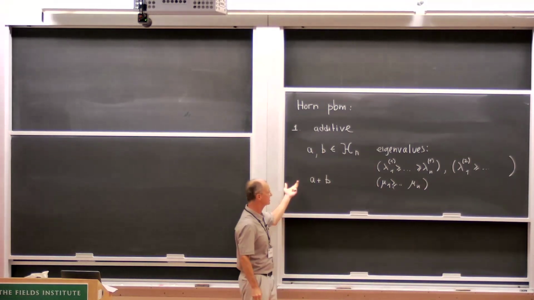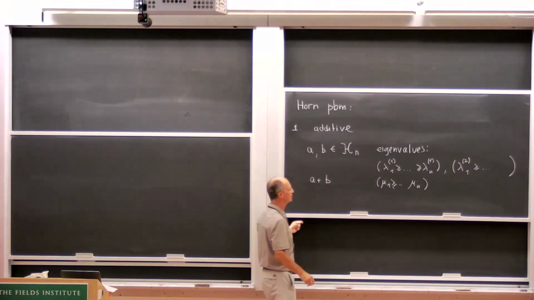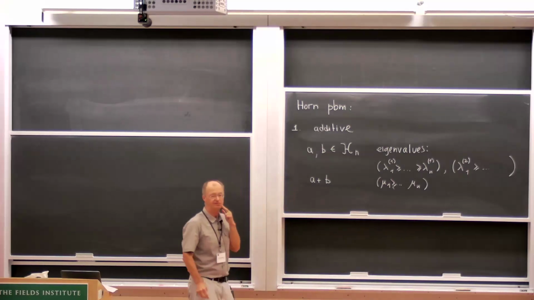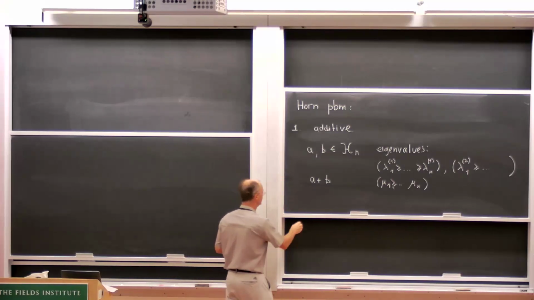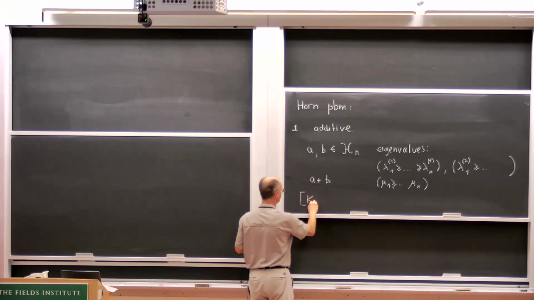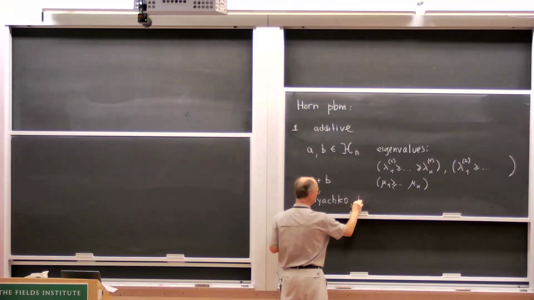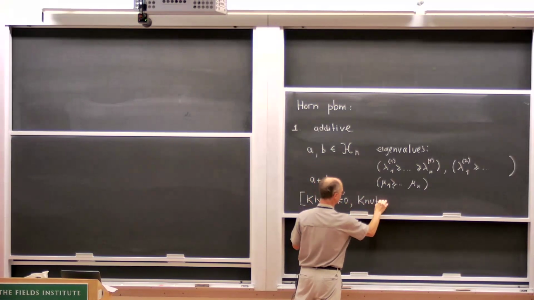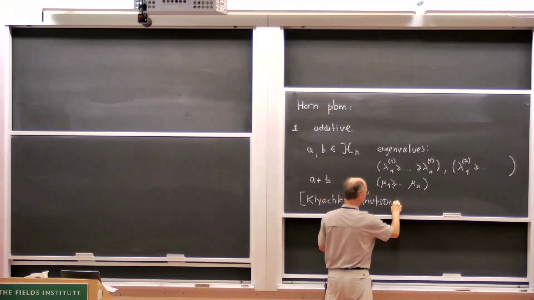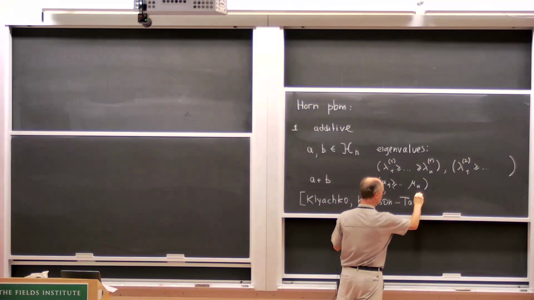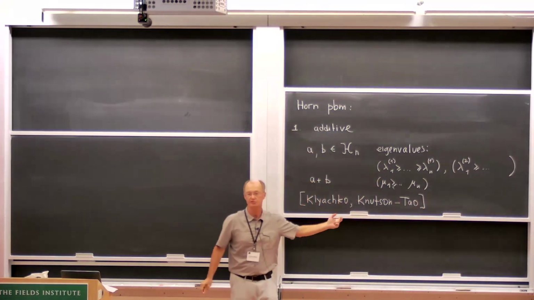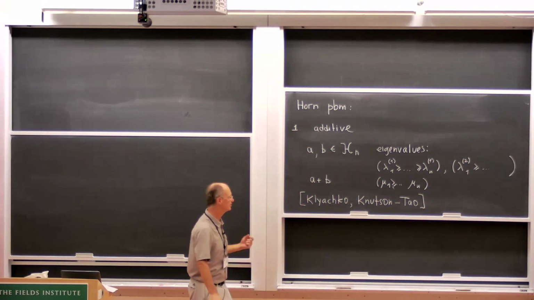So this is a classical and difficult problem of linear algebra. Horn formulated a conjecture, and this conjecture was proved by Klyachko and Allen Knutson in the joint work with Tao. Since then, there were many proofs of the conjecture in the literature.